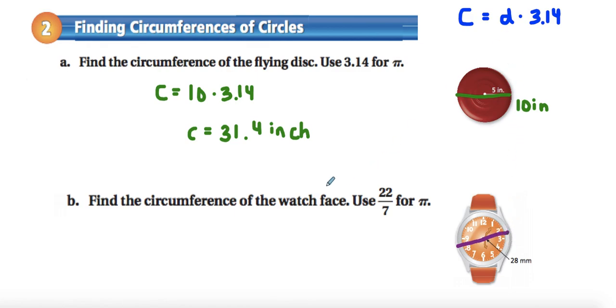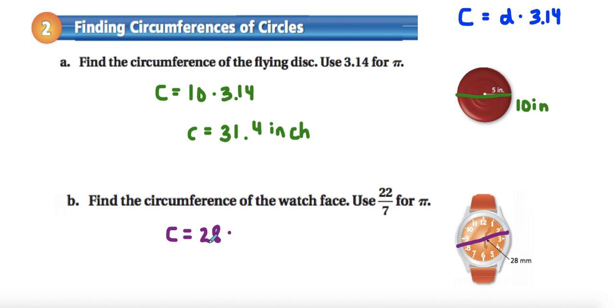I can go ahead and set up my equation. Circumference is equal to 28 times, and this problem tells me specifically to use 22 over 7, so that's what I will use.